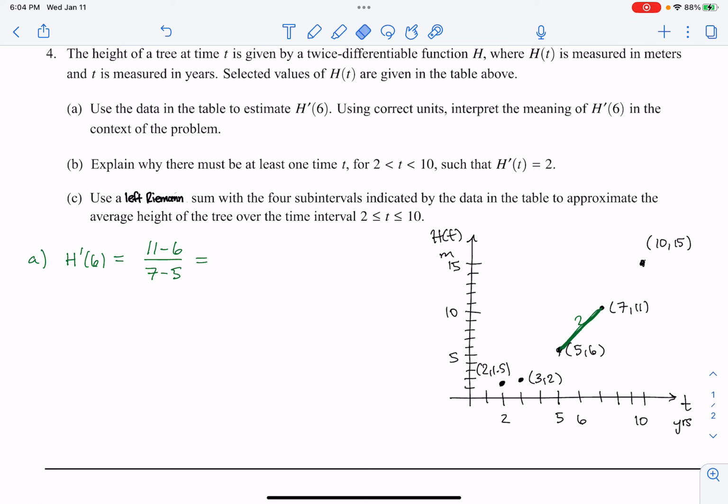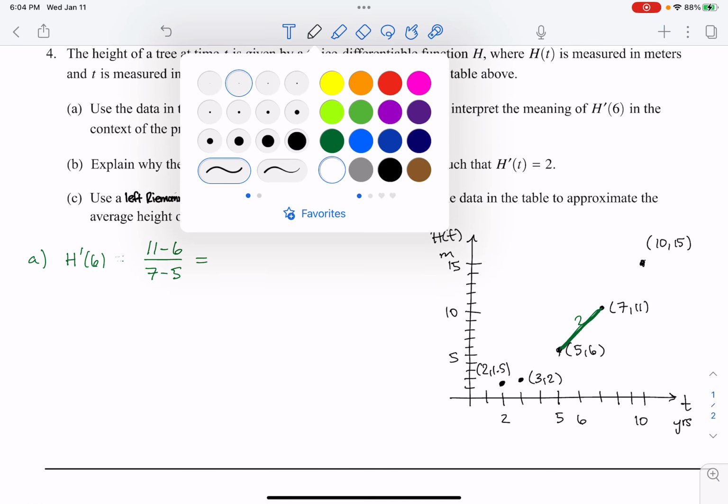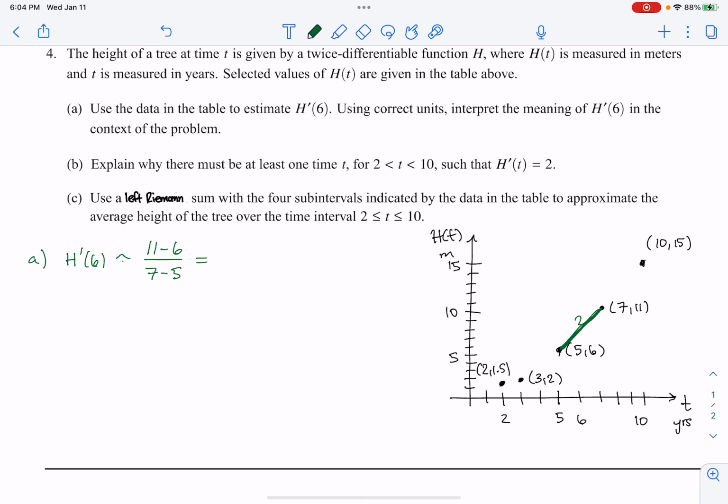In fact, I should go ahead and change that equal sign to a squiggly, approximately sign, because we know that the derivative might be something entirely different, right? So 11 minus 6 is 5. 7 minus 5 is 2. It's a weird 2. And so this is 2.5.